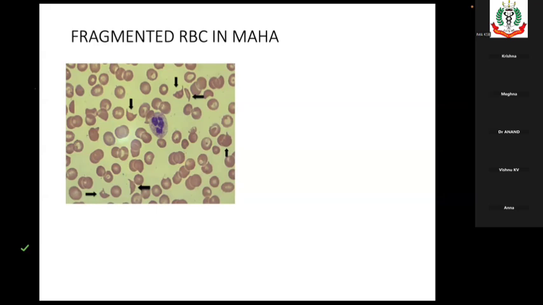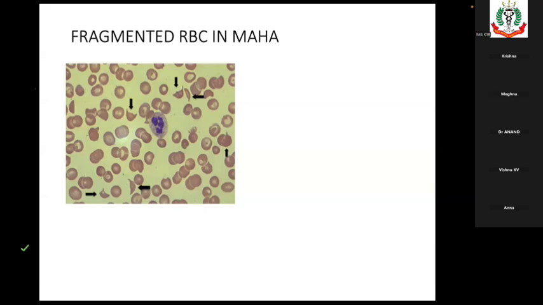The others you know can occur in HUS as well as TTP, but for disseminated intravascular coagulation, or DIC, you should know the common causes, the investigations, what you see in the blood picture, and what you see in the biochemical investigations. How do you confirm the diagnosis of DIC?